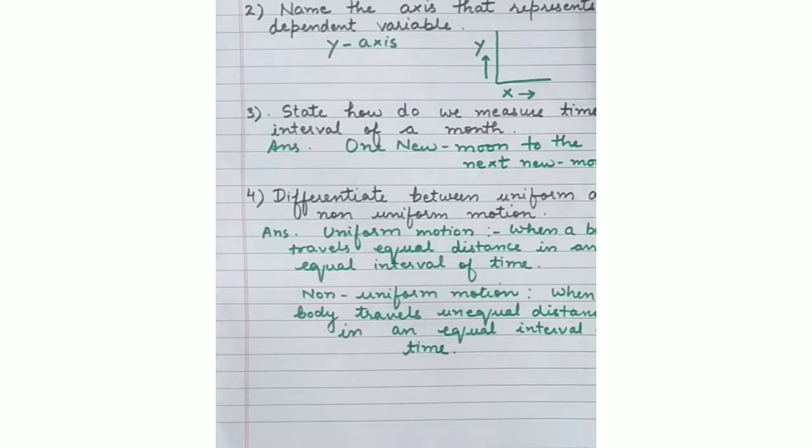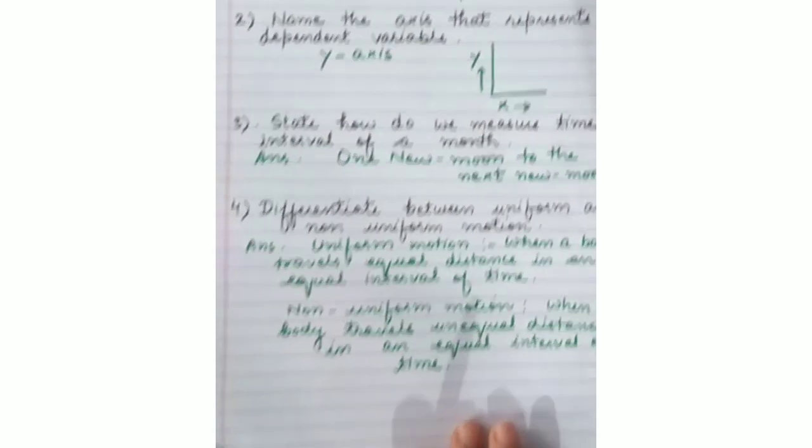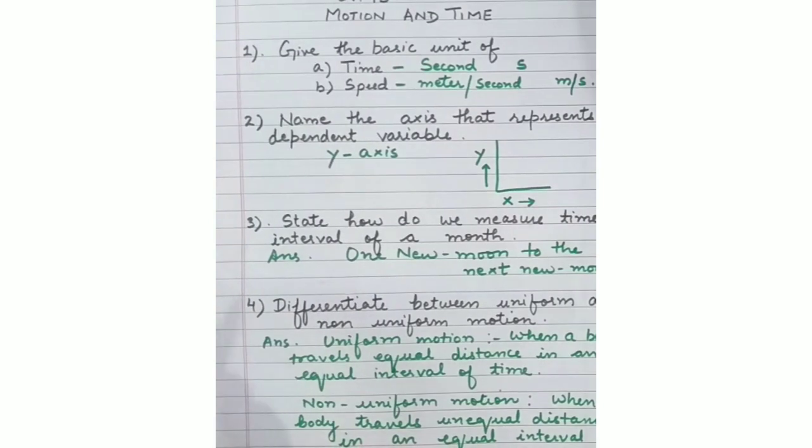For example, a car is covering 10 kilometers in 2 hours. Sometimes it covers 5 kilometers in 2 hours. Now here time interval is the same, but the speed is changing here. The distance covered is changing here. It means this is a non-uniform motion.